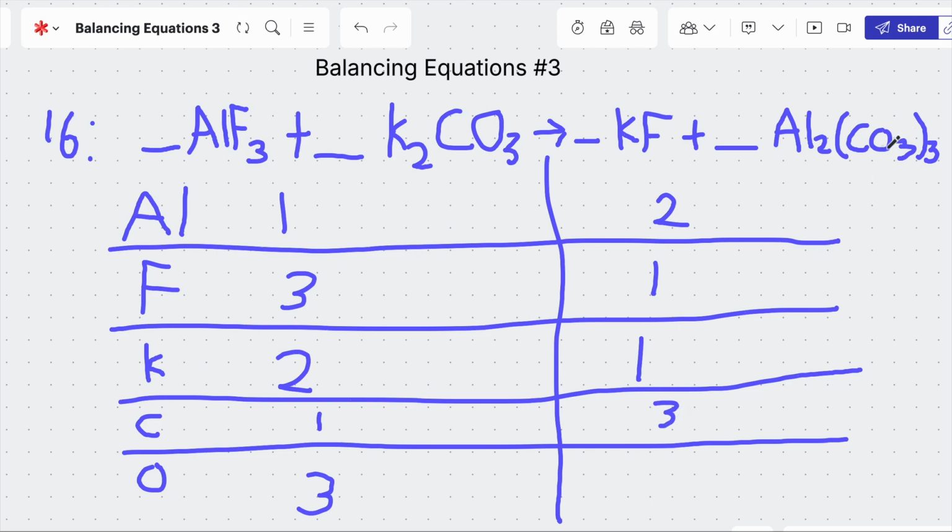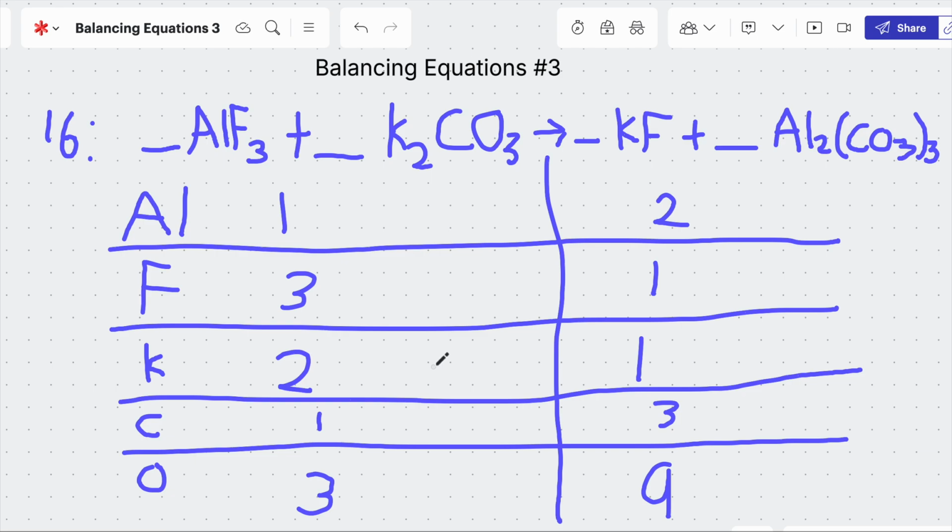Remember, these parentheses are saying that there's 3 CO3s in this. So whatever is in here, we're going to multiply it up by that 3. And we'll do the same thing for O. So we got a 3 inside the parentheses times that 3 outside the parentheses. Gives us 9. Okay, so we got some stuff to fix here.